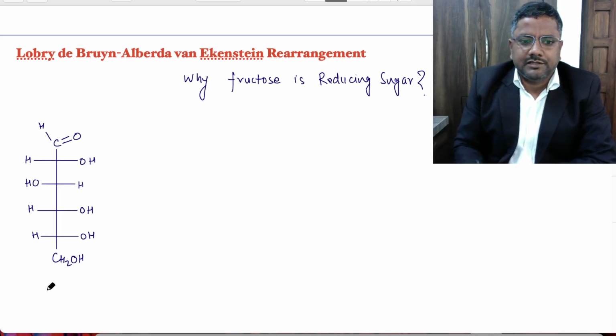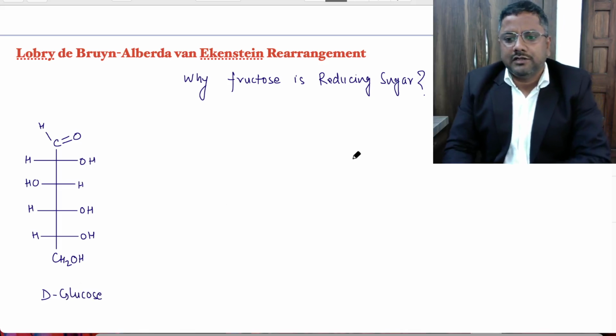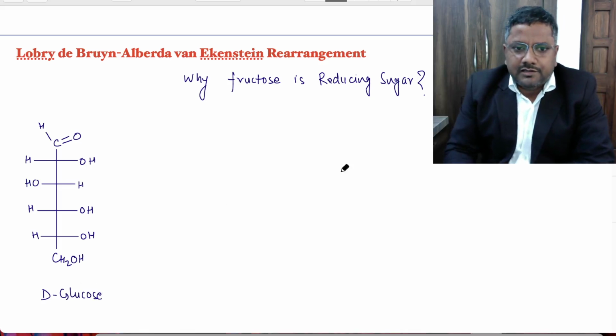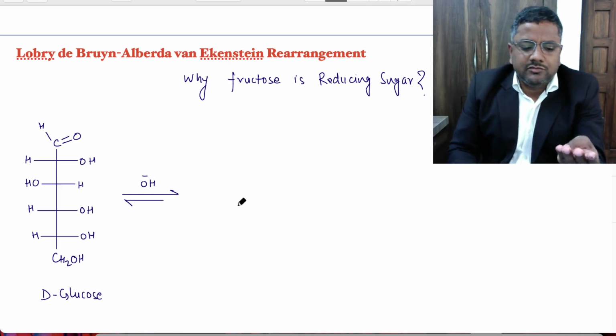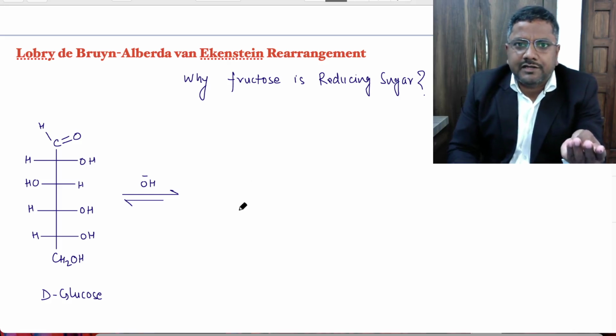If you take this D-glucose, and you know, in Tollens and Fehling reaction, the medium is basic. So under basic condition, this D-glucose under basic condition, if you remember, then in Tollens reagent, what are we taking?